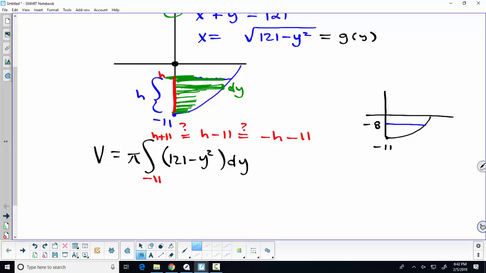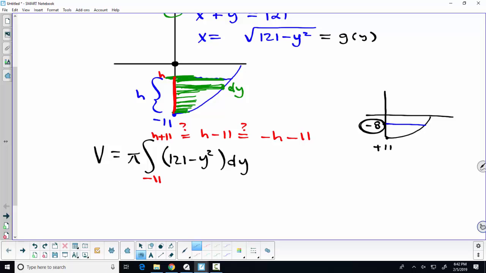We know that's a distance of 3. So if we did negative h minus 11, would we get 3? If we did h minus 11, would we get 3? We're calling that h. That would give us 3.